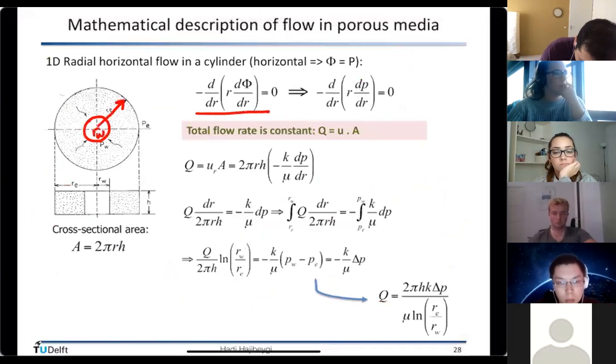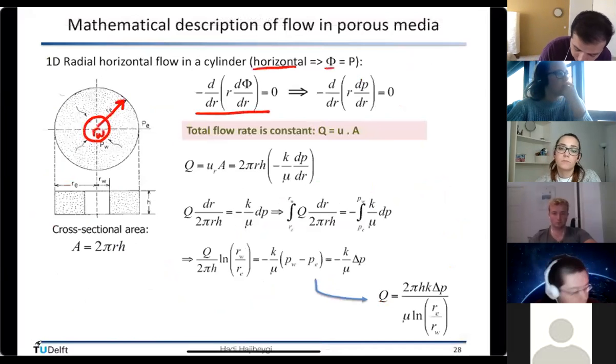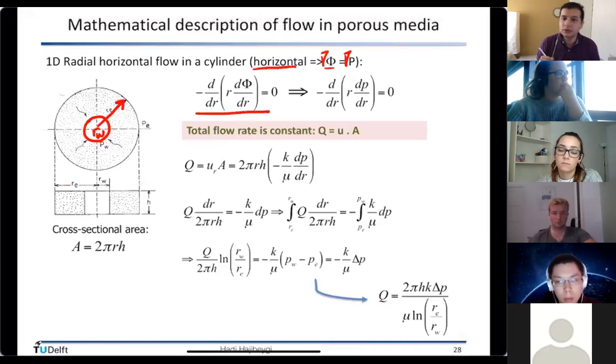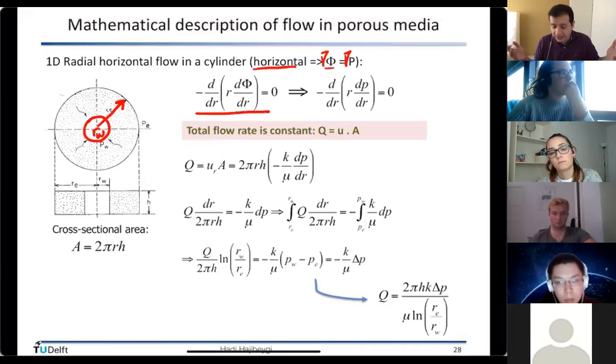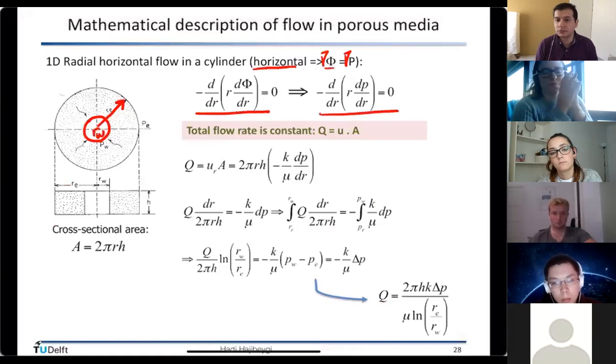Horizontal flow means potential is pressure plus a constant. So gradient of potential and gradient of pressure are equal because there is no change in Z. Change in Z is 0. Then we can replace it with the pressure equation, because ddr of potential will be equal to ddr of pressure.